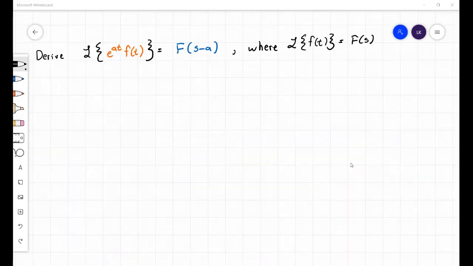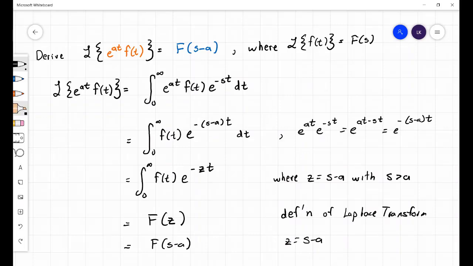If you're interested, we'll go ahead and derive this formula for the Laplace transform of an exponential times a function. You can always skip this portion. So the Laplace transform of our exponential times function, by definition, is this integral. And then we combine the exponentials by using properties of exponentials, and we factor out a minus and a t, and then we simply lump the s minus a in the exponential into a new variable called z.